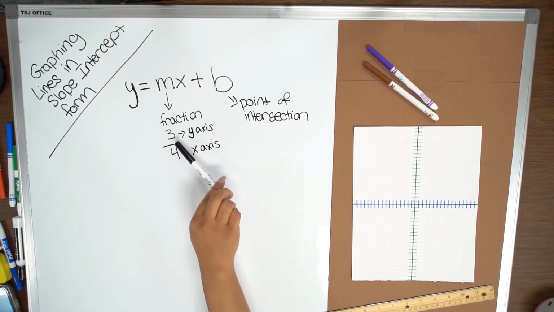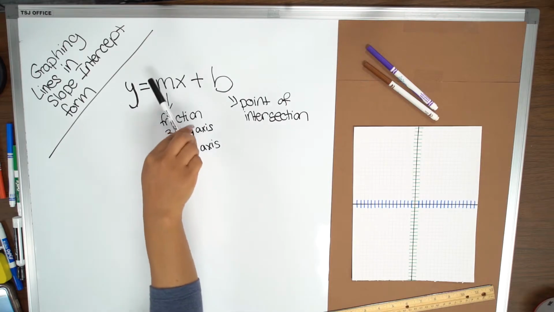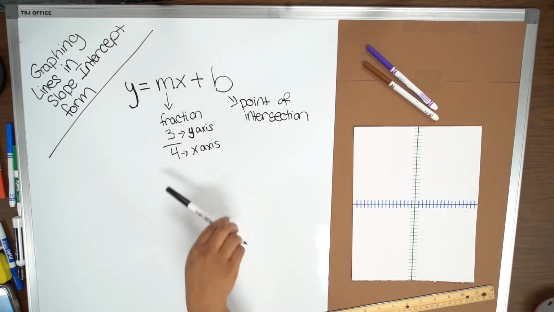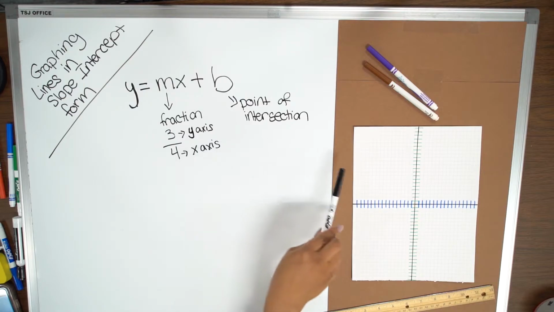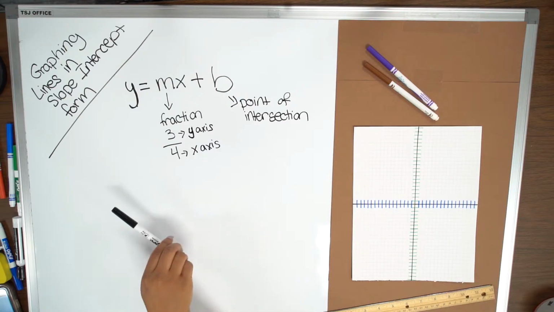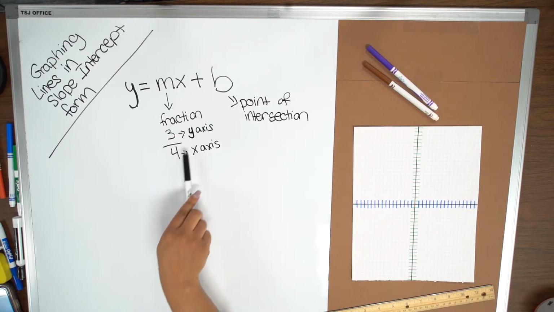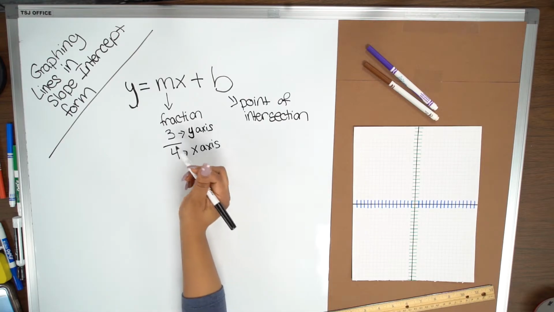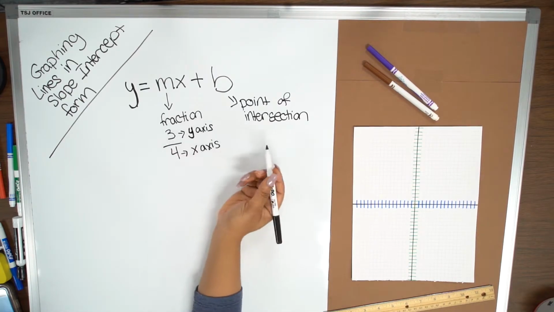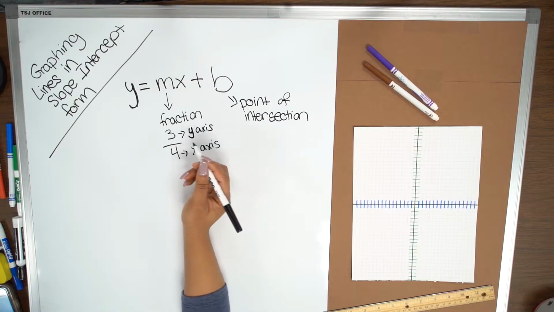Now, I say this because the numerator is how many spaces you're going up or down, and the denominator is how many points or how many spaces you go left or right. So that's why I'm saying X-axis, because left and right is X-axis, up and down is Y-axis, and that's that. They can be negative or positive, but you know, whichever.